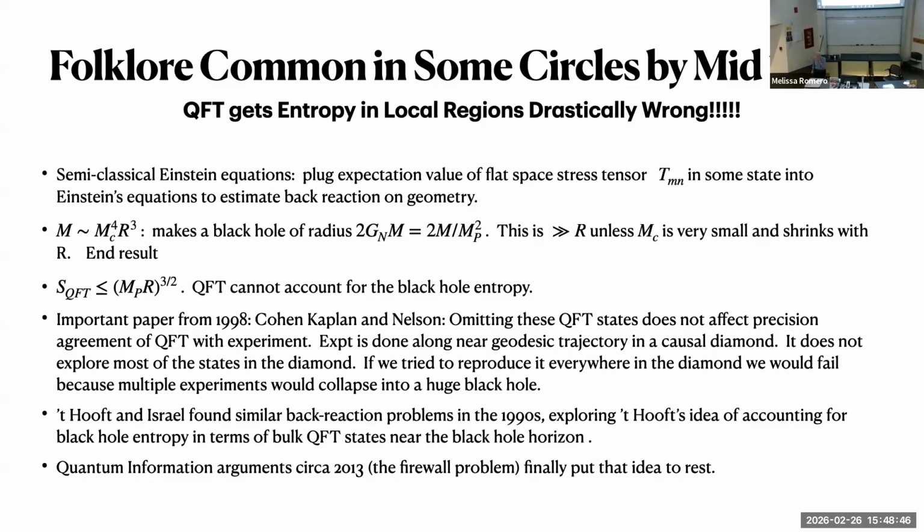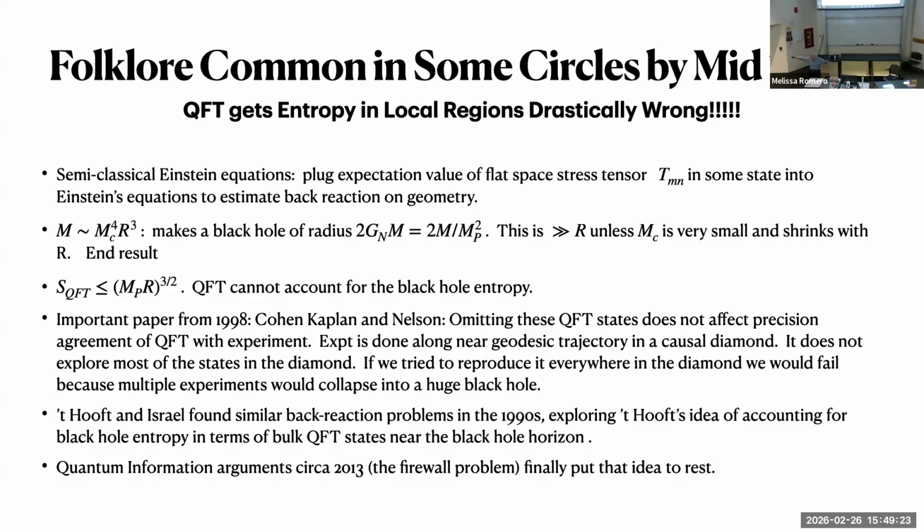And now, well, how can we fix that? We can try to put a cutoff that is so low that it will make the black hole smaller than the region. Well, the only way you can do that is as you make the region bigger, you can do the algebra for yourself, as you make the region bigger, you have to take the ultraviolet cutoff on the field theory lower and lower and lower in order to keep the black hole mass below the size of the region.